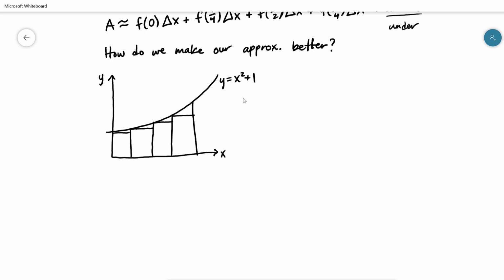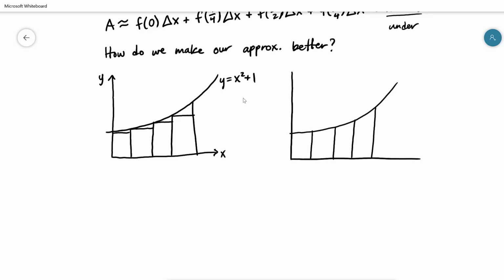Well, if I just used more rectangles that were smaller, I would have a better approximation. So why not use, again, we're cutting it off here, instead of using 4 rectangles, let's use 8. And now here's all of my rectangles.